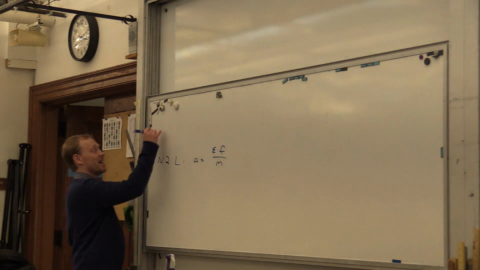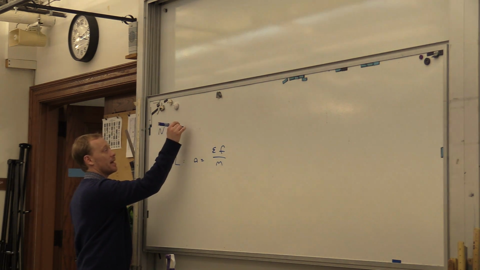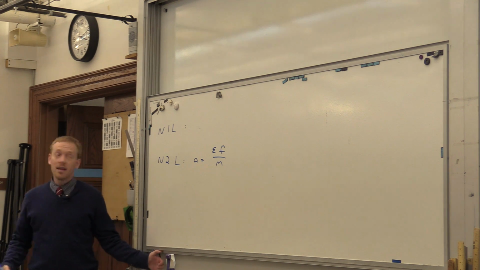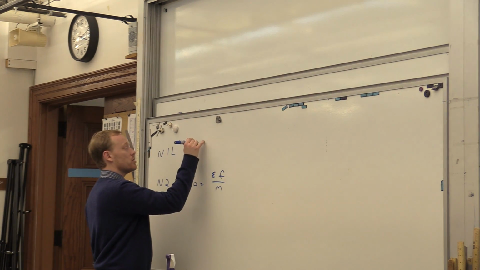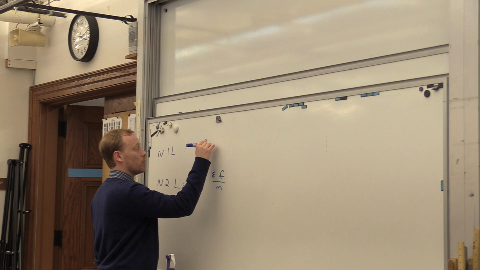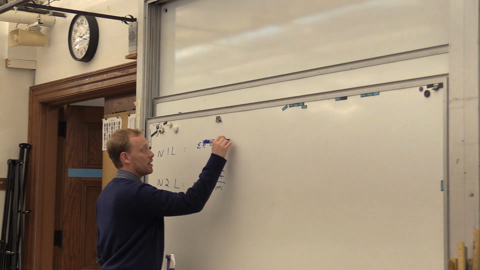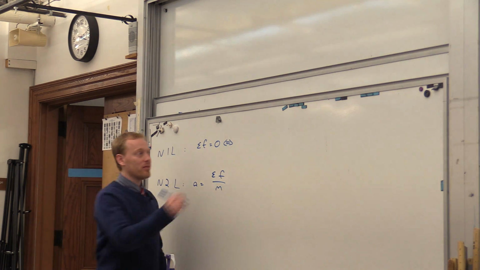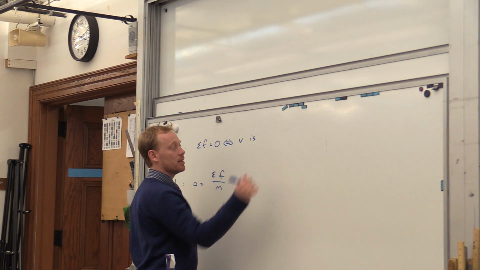An object in motion stays in motion unless, in other words, if there is no external force on an object, then what about the velocity of the object? Constant.